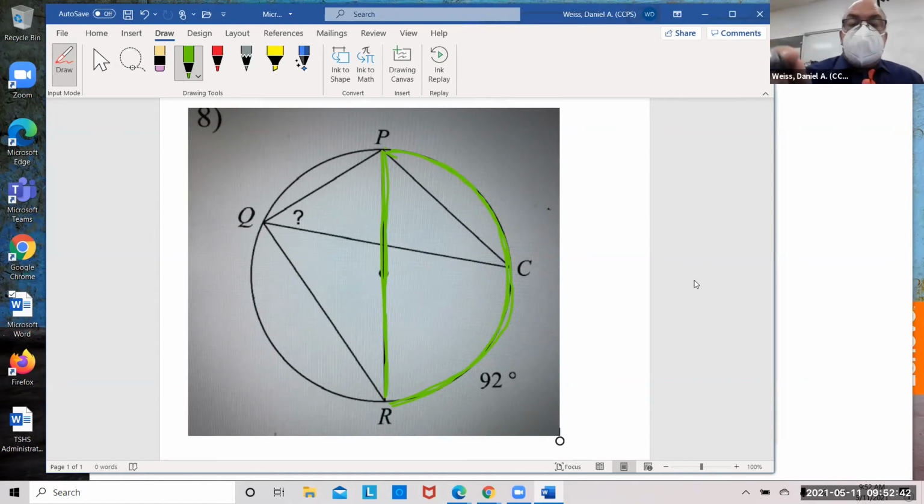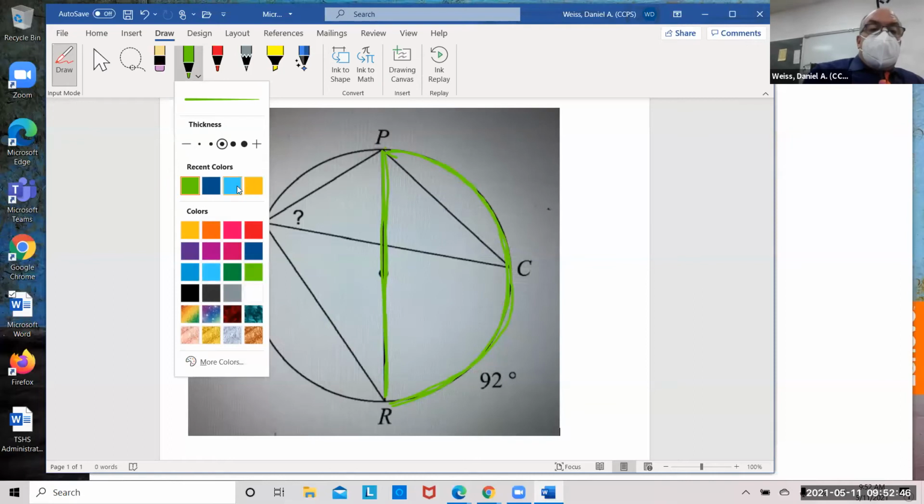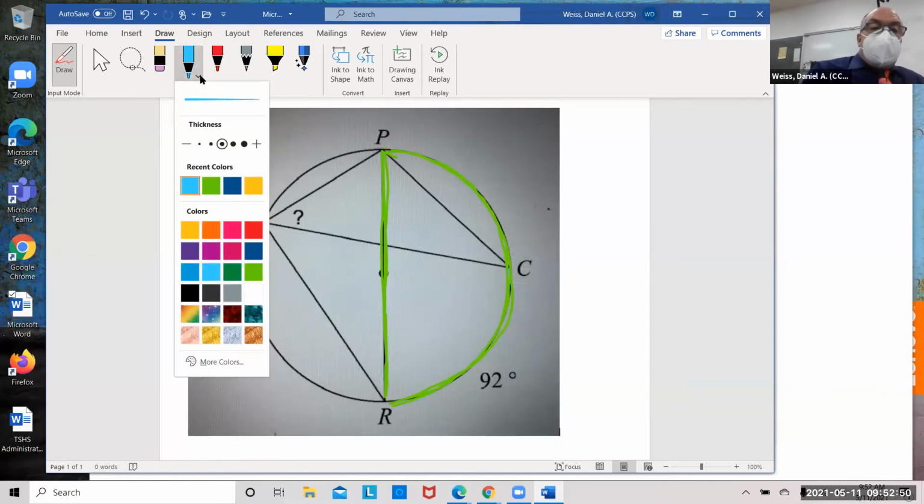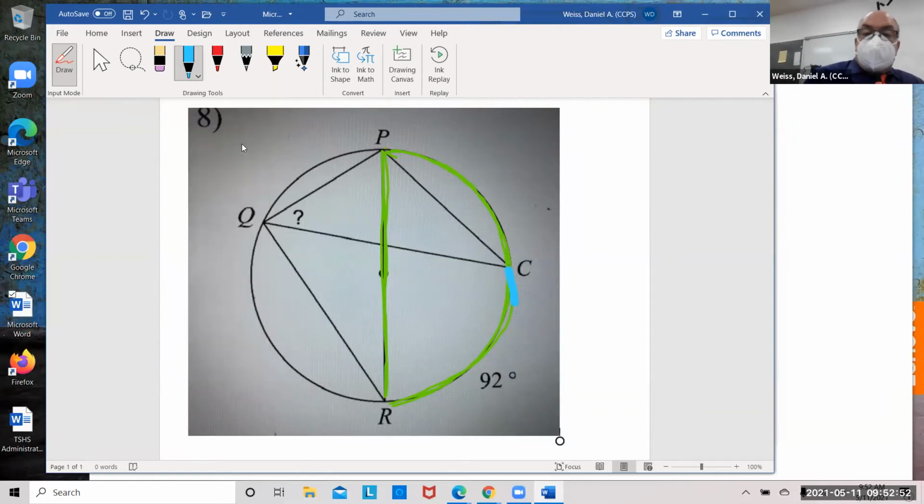Okay, so if this piece here is 92, right?